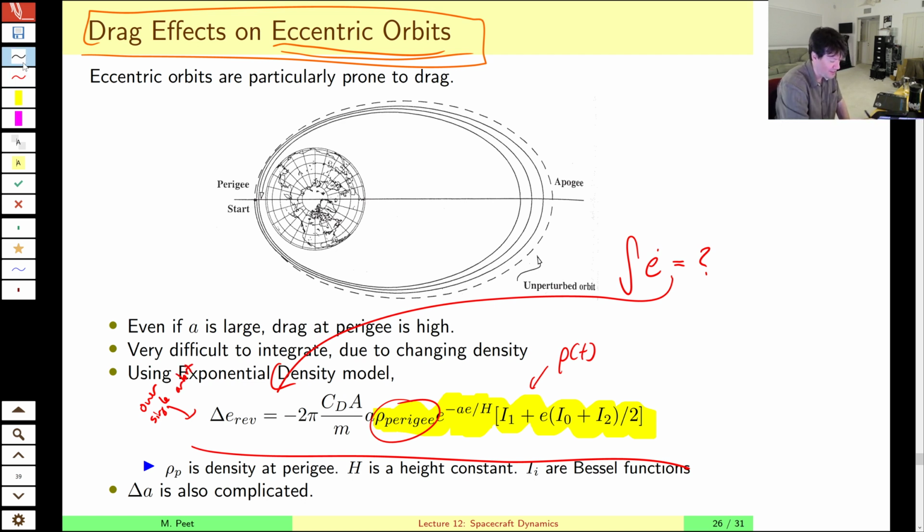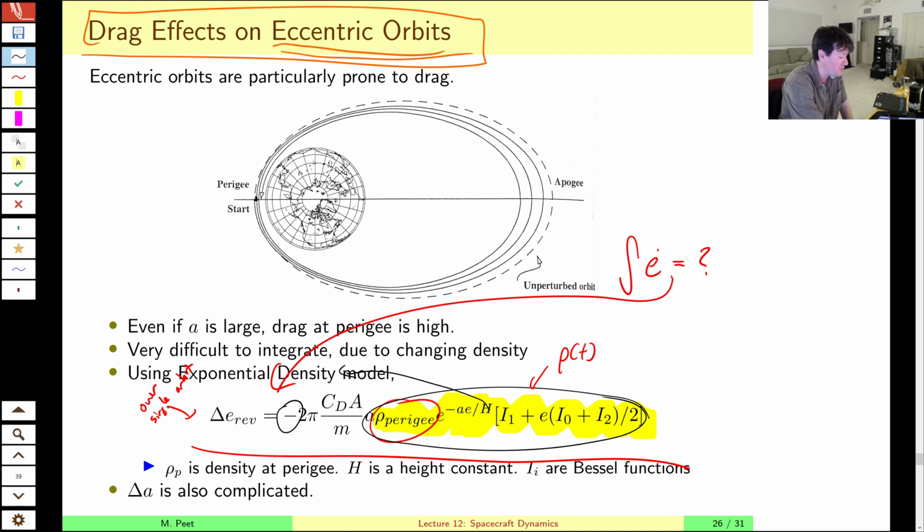So here we go. There's the exponential density model. We integrate that over an orbit to get the net change in eccentricity over that orbit. Of course, it's always decreasing. We see that here, the eccentricities are decreasing. Why is that? Well, it's fairly obvious.